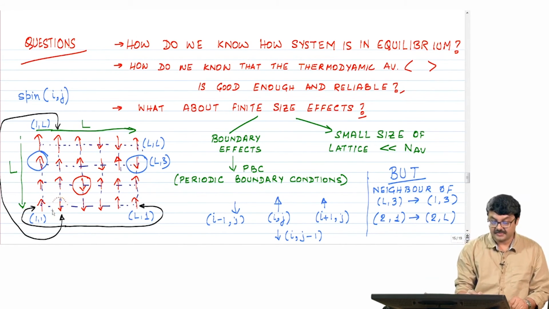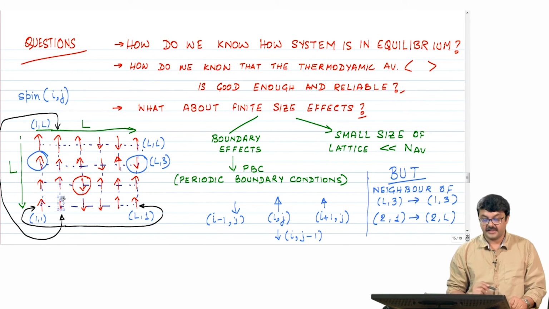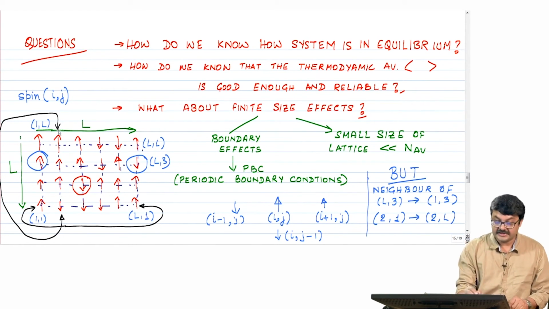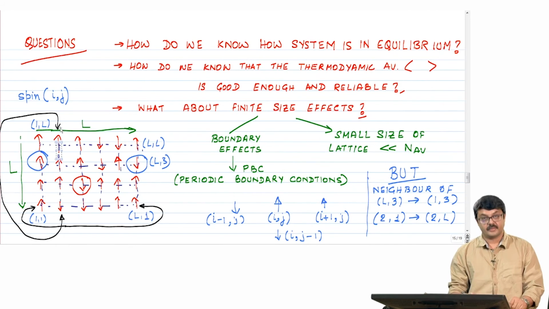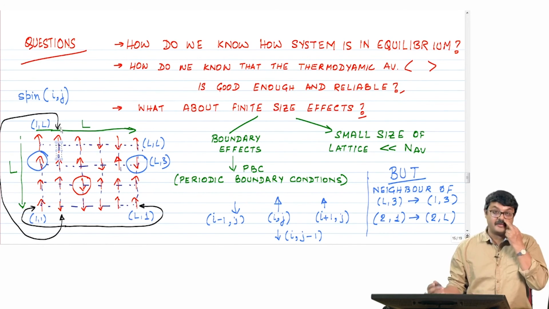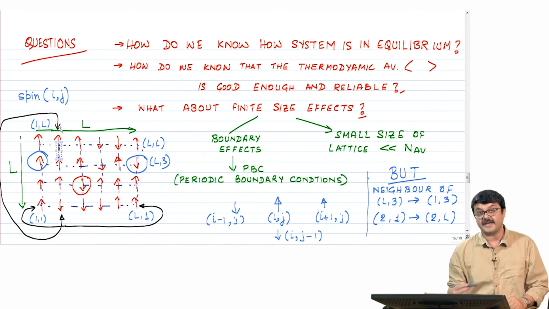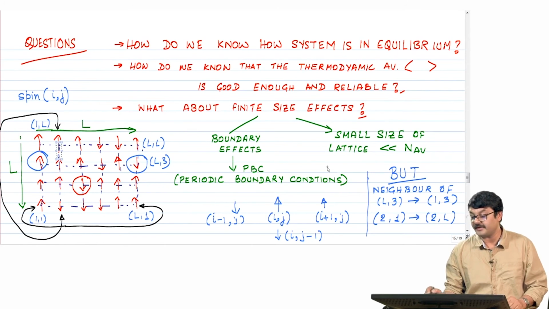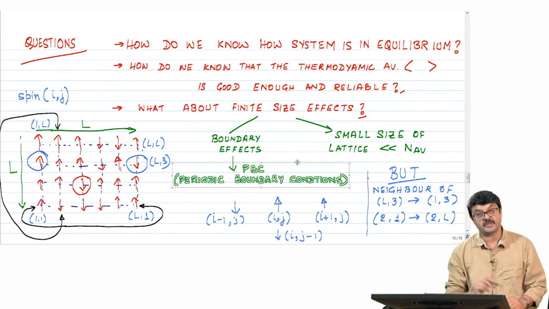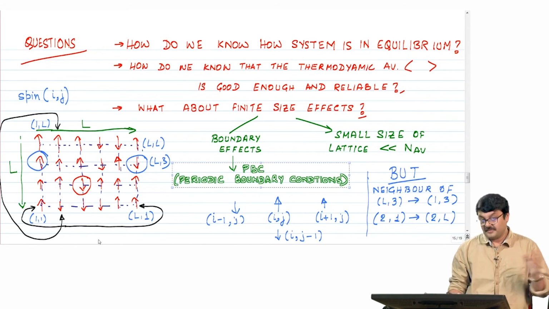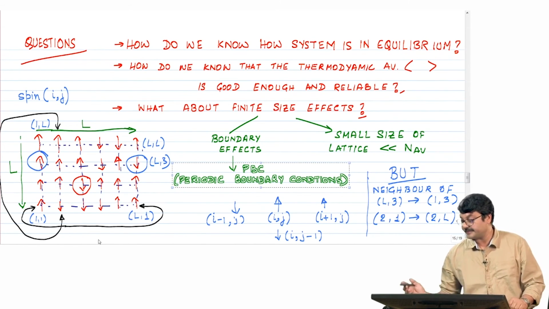So, what is 2 1? It is basically this one, will be 2 L, which is this one, right. So, when we calculate the neighbors and identify the neighbors, we have to be careful about periodic boundary conditions, and this is how you identify neighbors. We shall see that in the code also later.